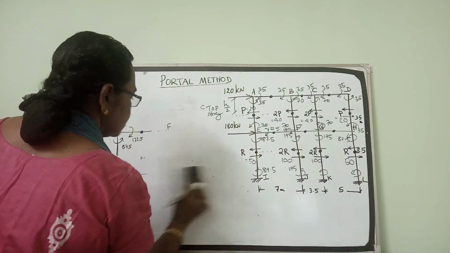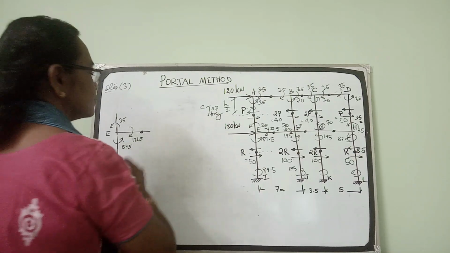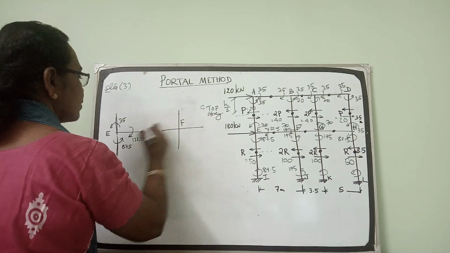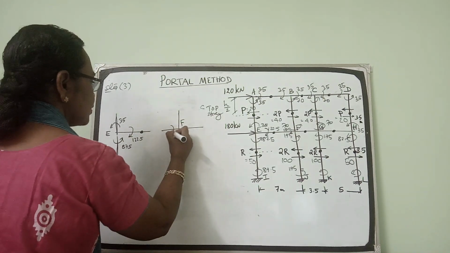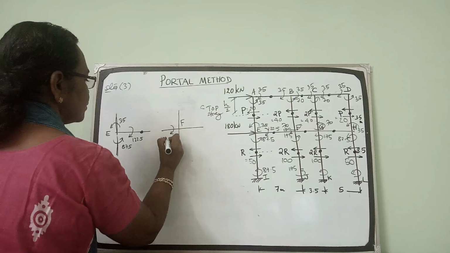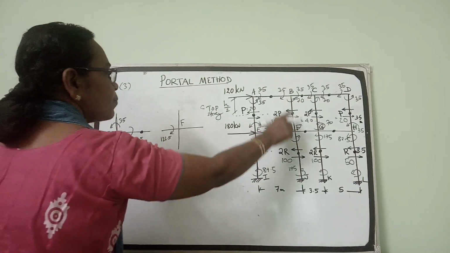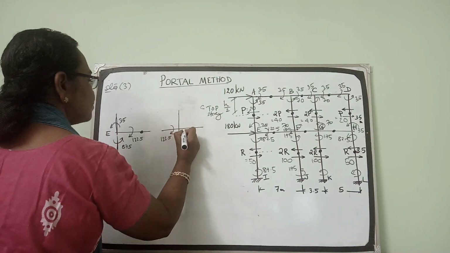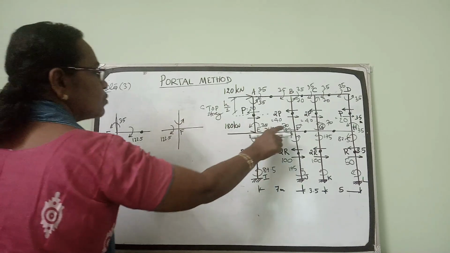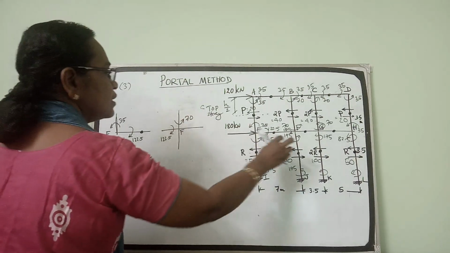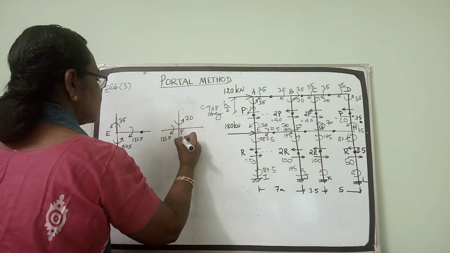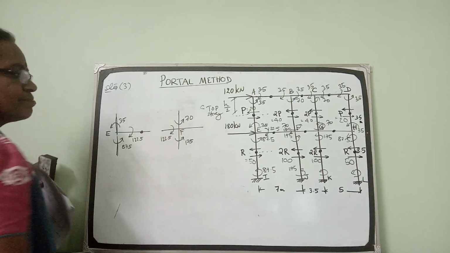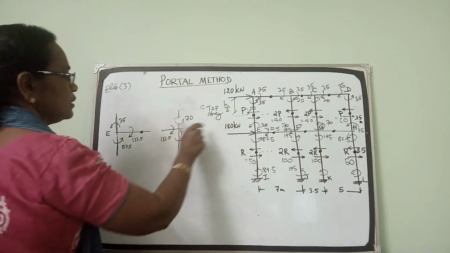So now coming to joint F. If this is 122.5, this should be 122.5. In the top column, FB, this is my marked F, FB, there is anti-clockwise moment 70. Here, the anti-clockwise moment is 175. So what about this? You want MFG.